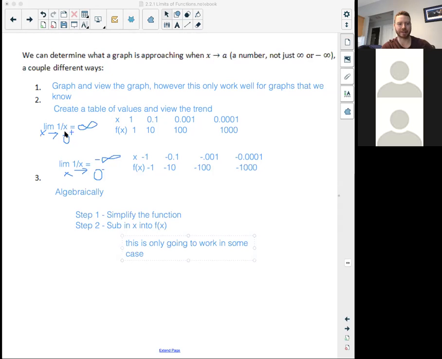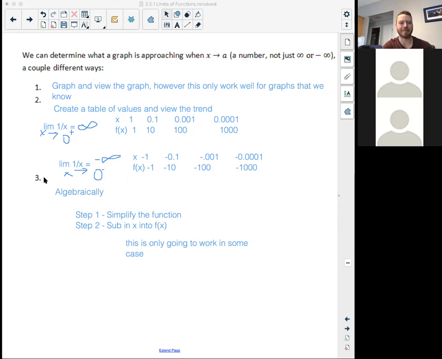So for example, like this one up here, the limit of 1 divided by x, it's already as simplified as it could be. So we can't necessarily sub x into f of x as it approaches 0, because that will give us an undefined solution. So we just have to be aware that these strategies are not going to work all the time.